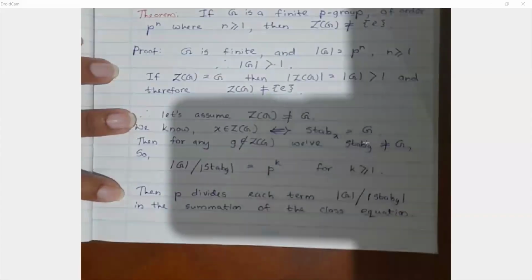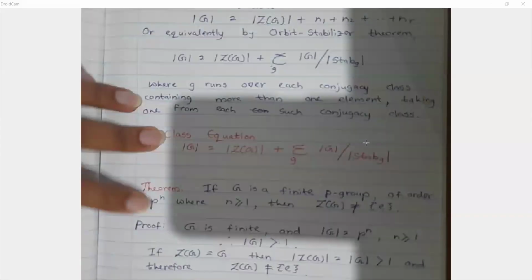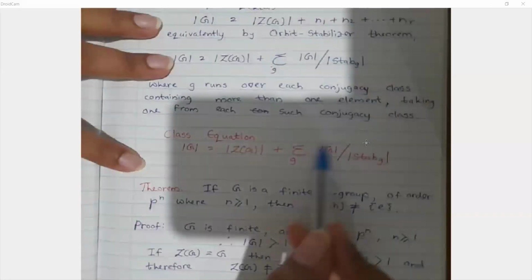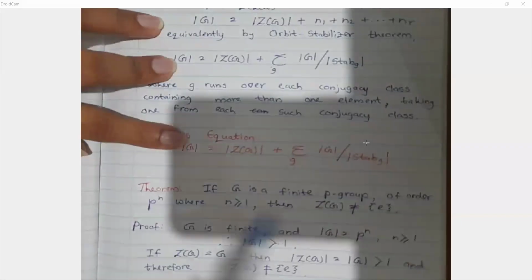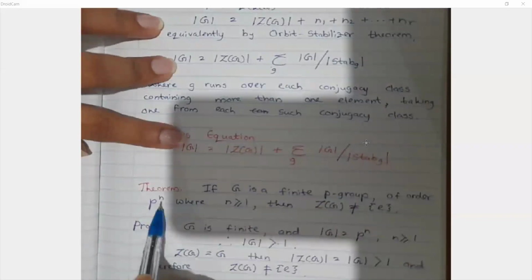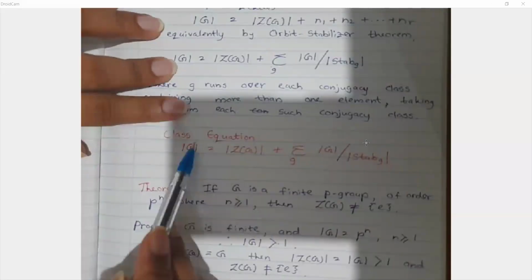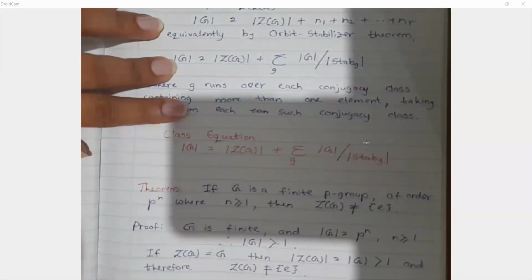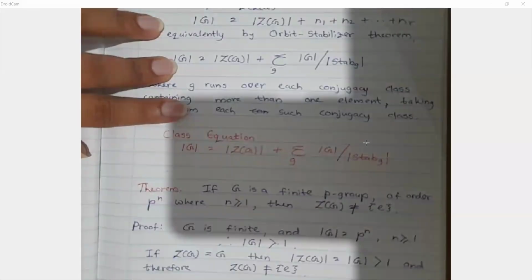Right? And not only that, once again back at the class equation, every term in this summation is divisible by p. G is a p group, its order is p to the power of n. And because n is at least 1, the order of G is at least p or some other positive power, right? Therefore, the order of G is also divisible by p.